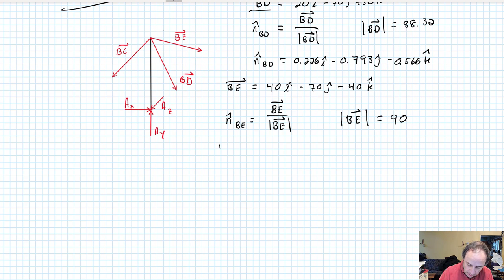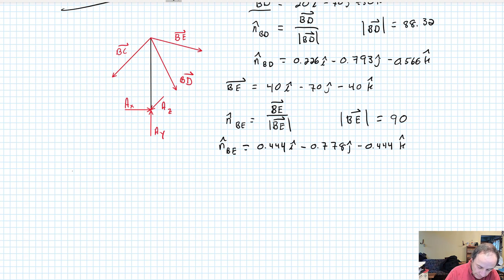So the unit vector, after we go through the algebra, ends up being 0.444I minus 0.778J minus 0.444K.